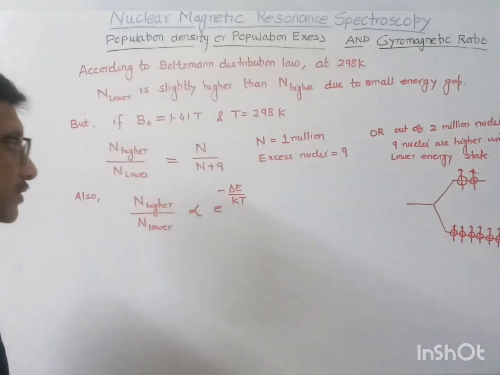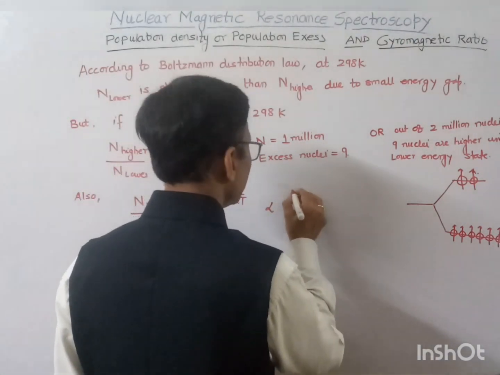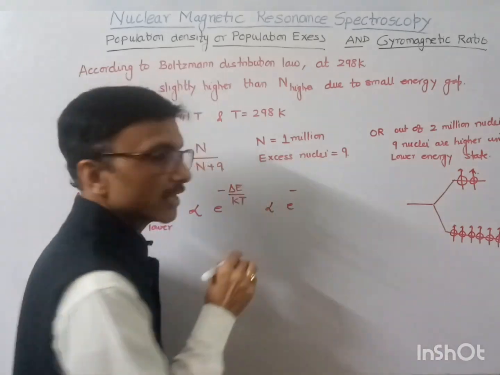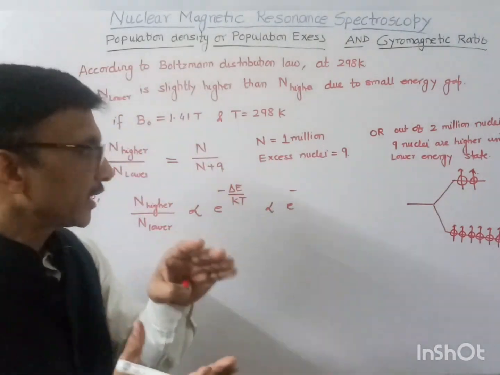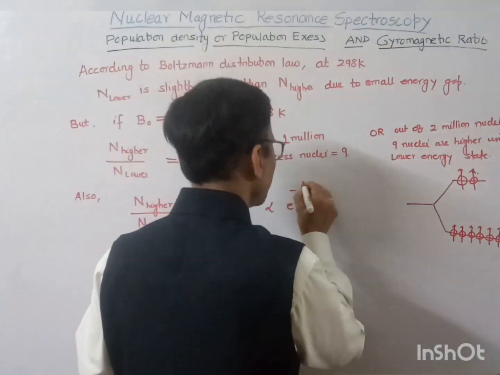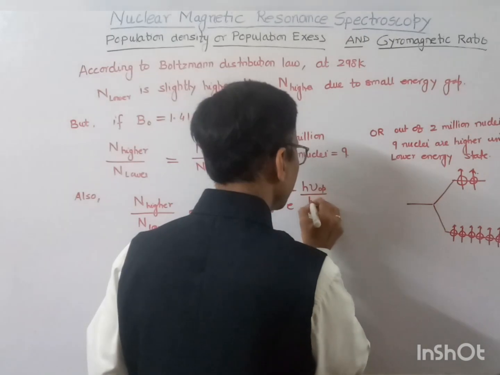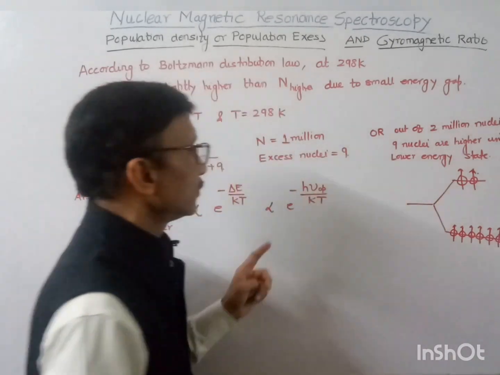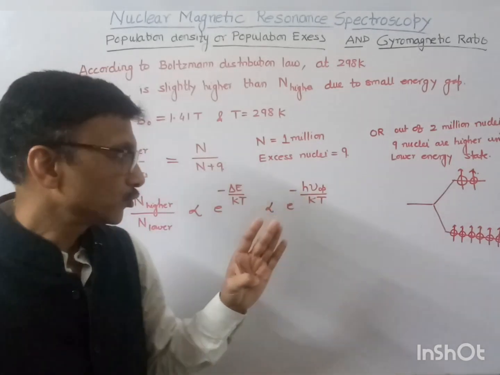This is one of the relations. Also, we can write this as e to the power minus delta E upon kT, where delta E is the energy difference between lower and higher energy state, which is equal to h nu operating frequency. Nu OP is the operating frequency of the spectrophotometer.